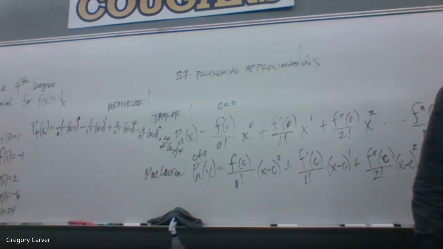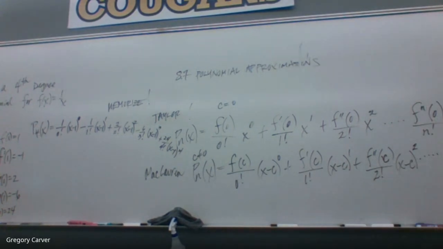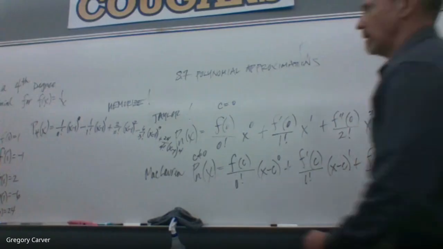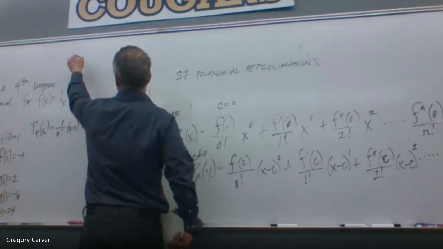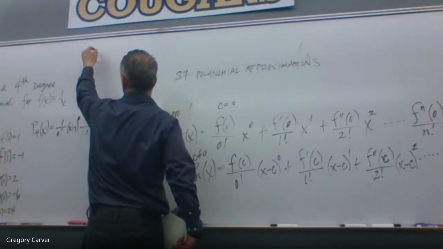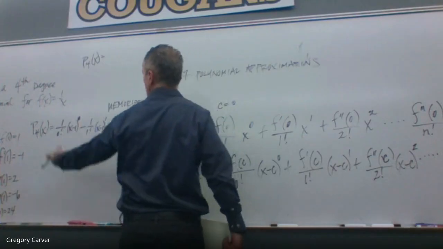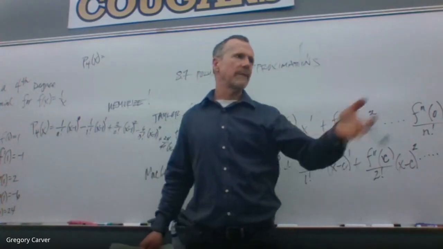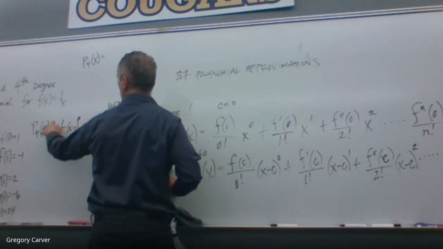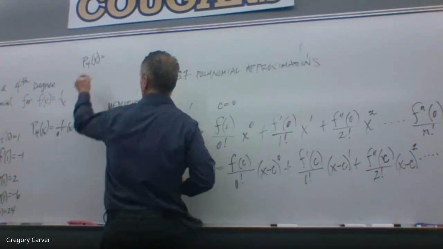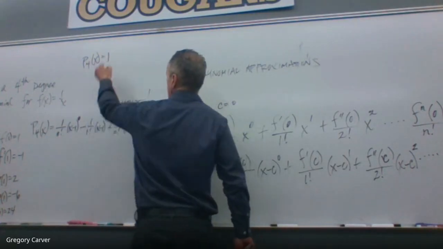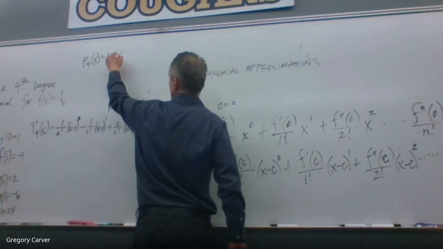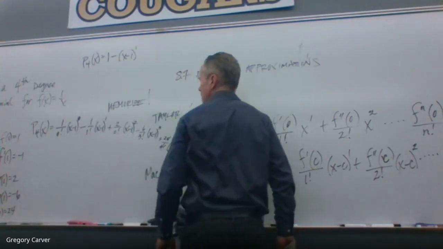I don't need you to FOIL this stuff out, but I would like you to clean it up just a little bit. Okay, so my p sub 4 of x turns out to be 1. By the way, we talked about this yesterday, right? 0 factorial turns out to be 1. It's defined as 1. So this is just 1 times this to the 0, that's just 1. This is going to be minus 1 times x minus 1 to the first.